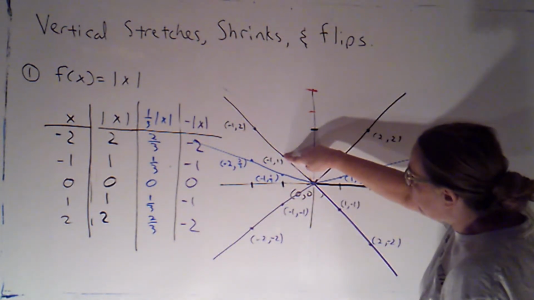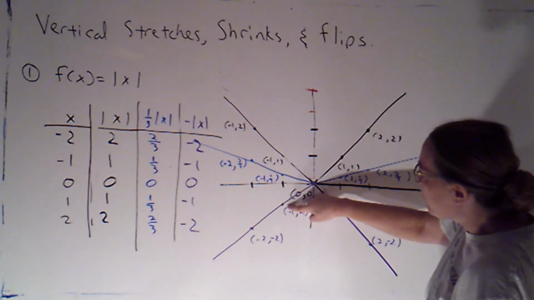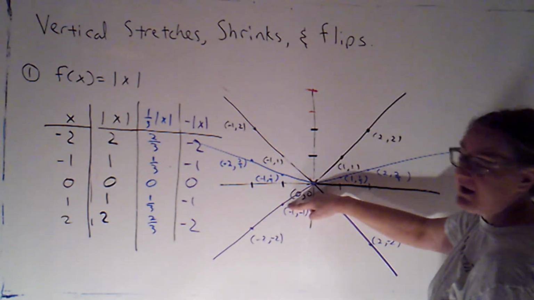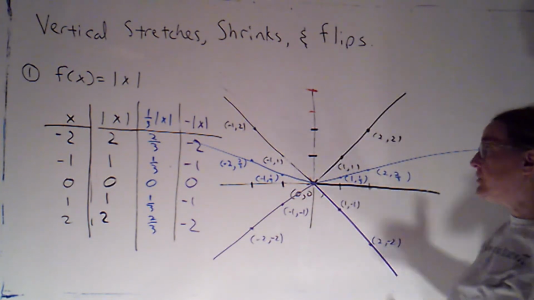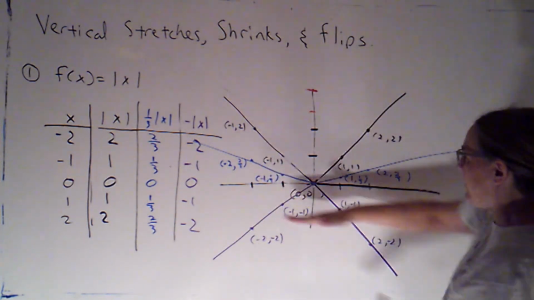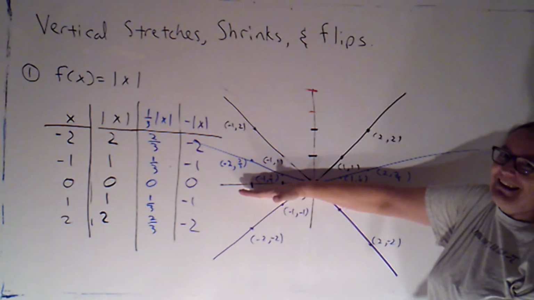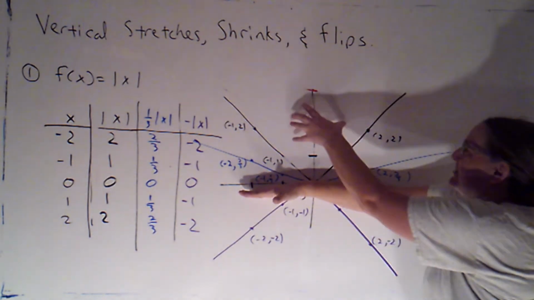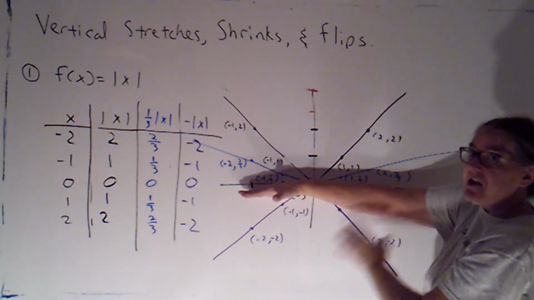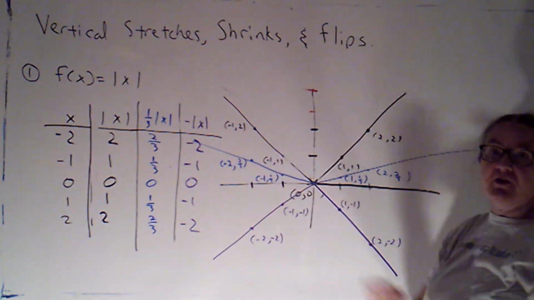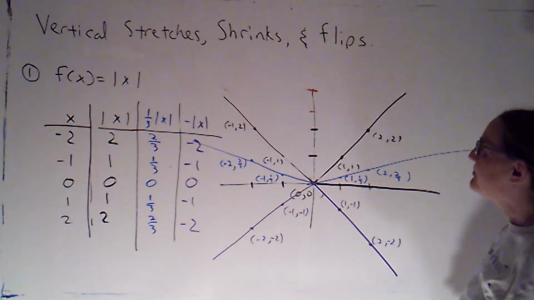So the y value of 1 here became a y value of -1. So that's what we call a vertical flip. Notice it's a vertical flip. It's flipping things over the horizontal line, the x-axis, because we go from having something that's up here to down here. So it's a vertical change by flipping over the horizontal axis.